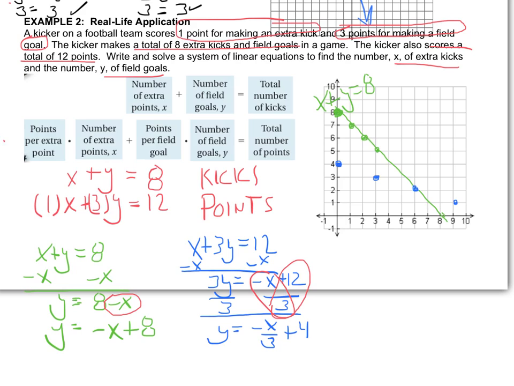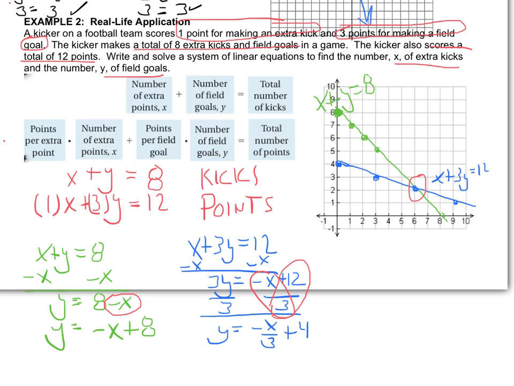If I connect those dots, I'm going to get something that looks like that. That one is the x plus 3y equals 12. It appears that we have an intersection point right there.